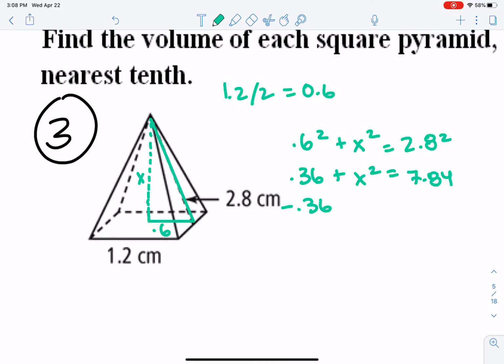Subtract, and you'll get 7.48. Square root both sides, and you'll get x equals 2.735.